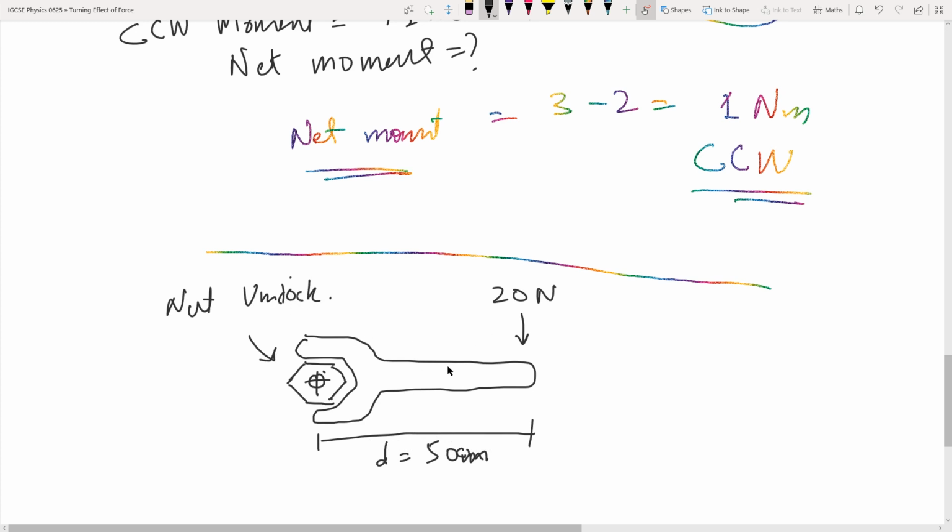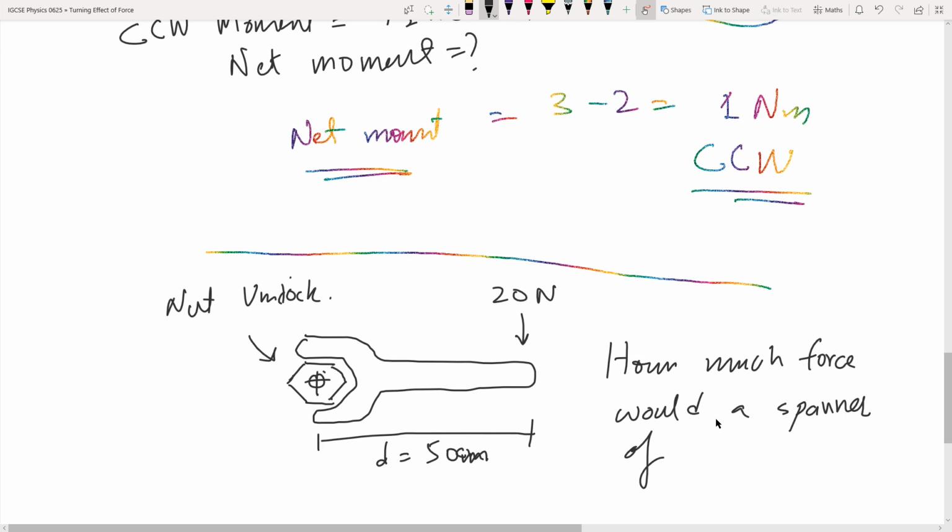If this spanner used 20 newtons to unlock the nut, how much force would a spanner of 70 centimeters require to do the same job?